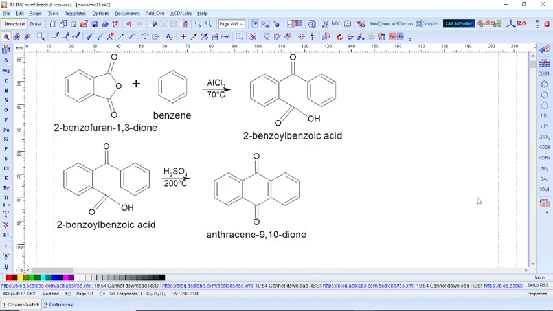What are the reagents? What are the starting materials I will use? If you have been able to identify the starting materials, like here, we are starting with phthalic anhydride with benzene.